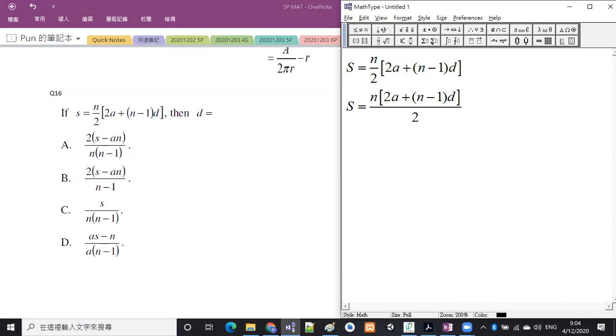Okay? So the right-hand side becomes one single fraction. And then we may multiply the 2 to the left-hand side. It's 2s is equal to n bracket 2a plus n minus 1 times d. Okay? And then we need to multiply the n into the square bracket. 2s is equal to 2an plus n times n minus 1 times d.